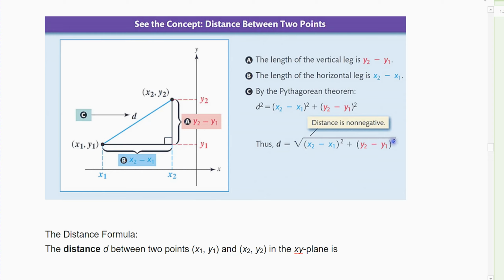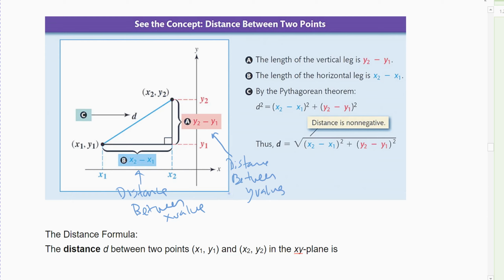It's the square root of the square of the distance between my x values. That's my one leg, plus the square of the distance between my y values, which is the other leg of my triangle.